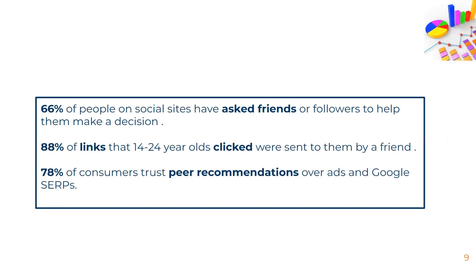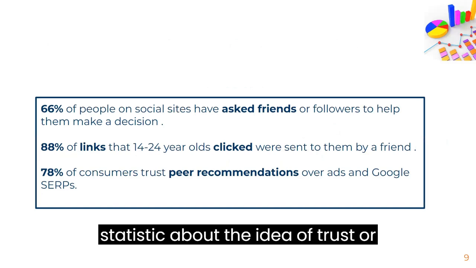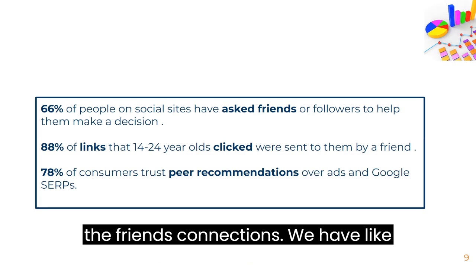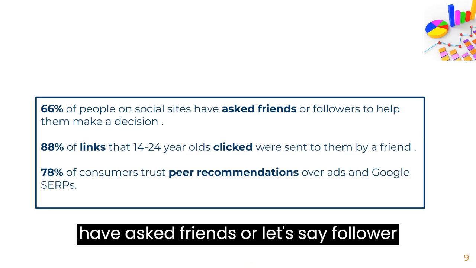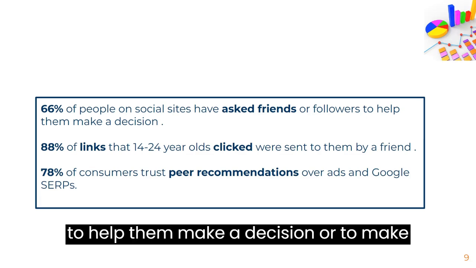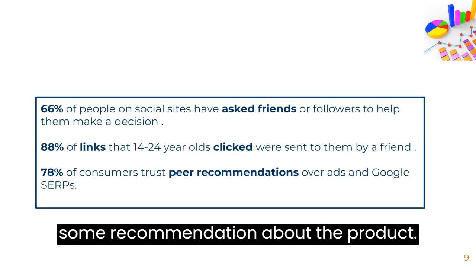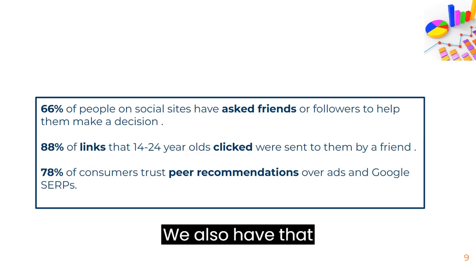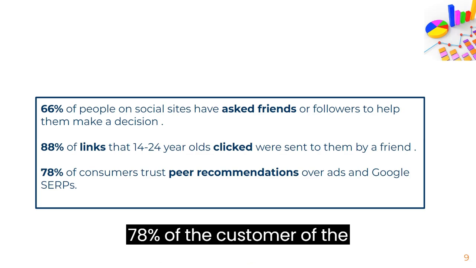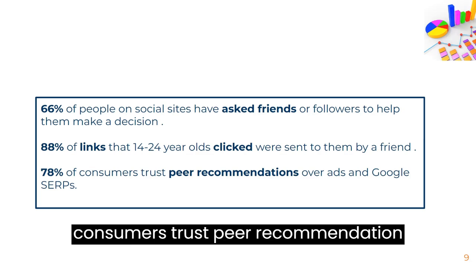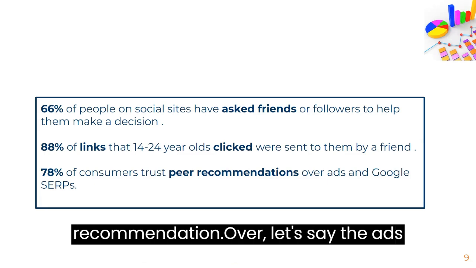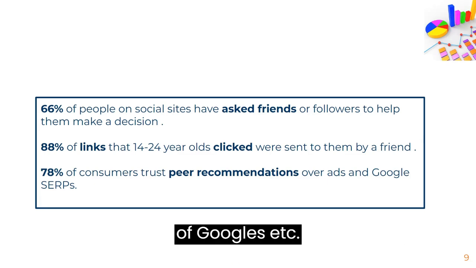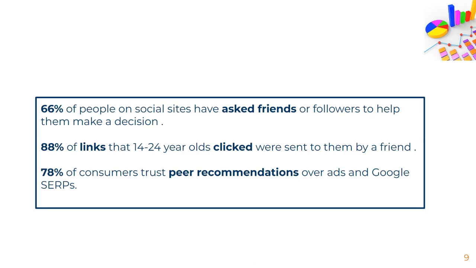Here we have some statistics about trust in friend connections. 66% of the people on social websites have asked friends or followers to help them make a decision or a recommendation about a product. We also have that 78% of consumers trust peer recommendation, meaning friend-to-friend recommendation, over, say, Google ads, etc.